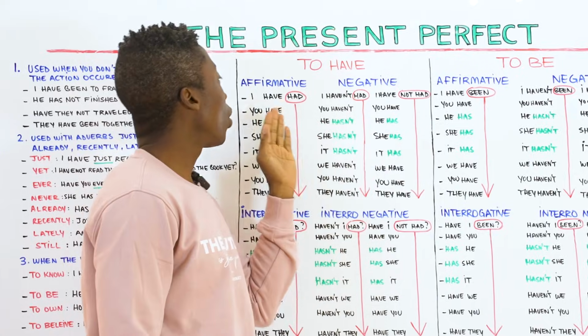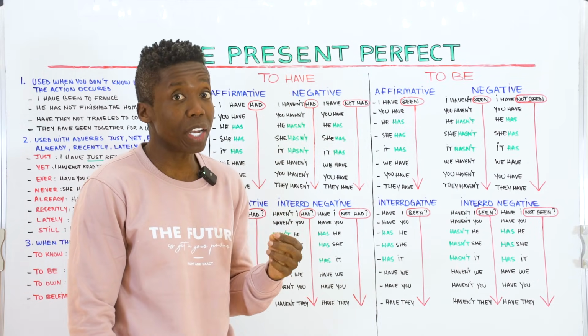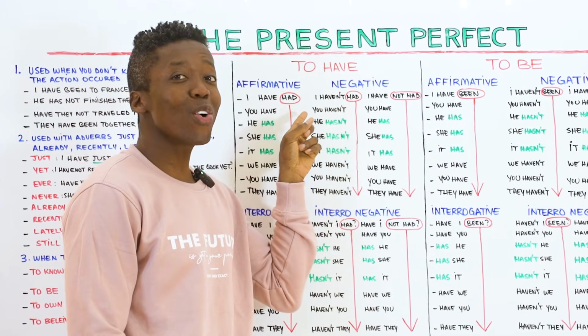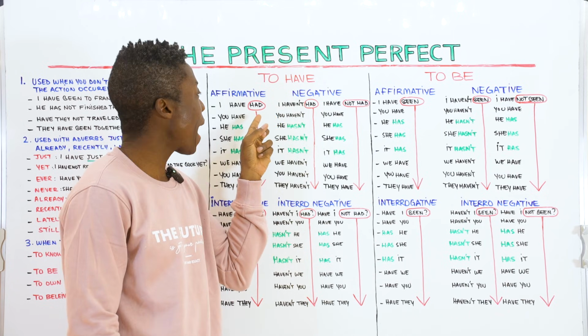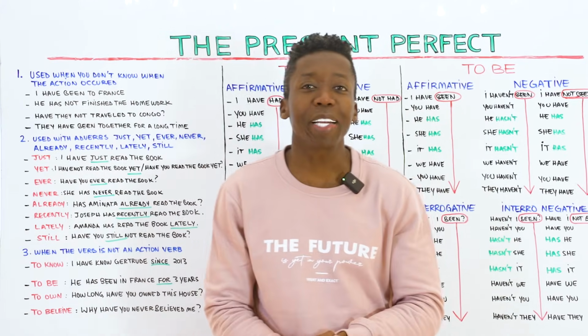Make sense? So, I have read. For the verb to put, which is an irregular verb, it is put, put, put. But you know that you're using the past participle instead of the preterite or the simple past. I have put. Make sense? All right, I think that's it.